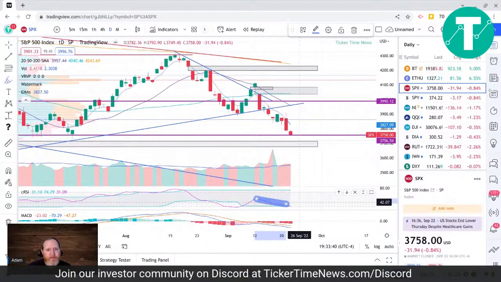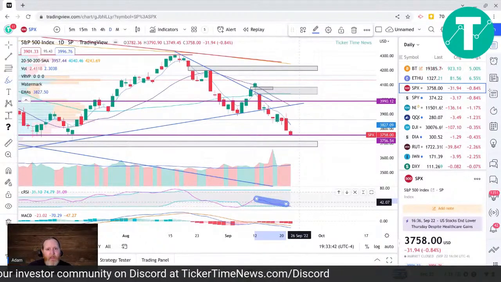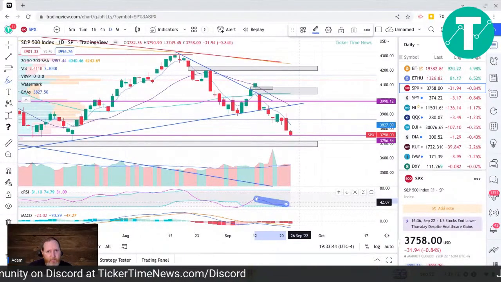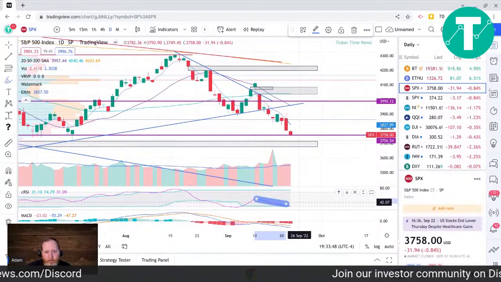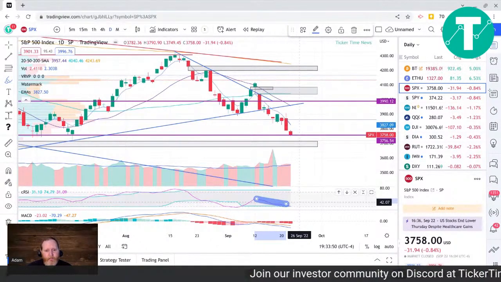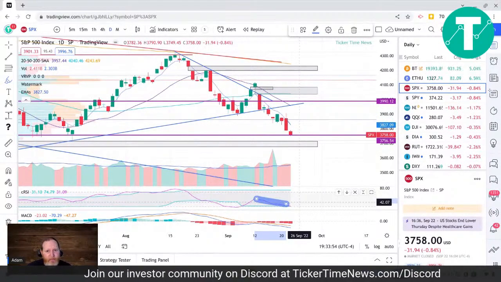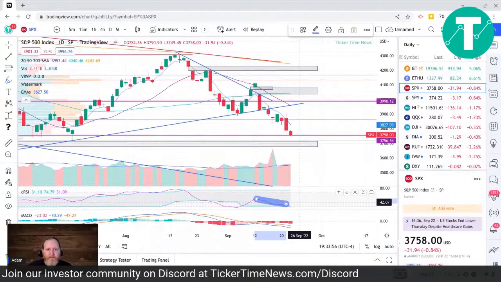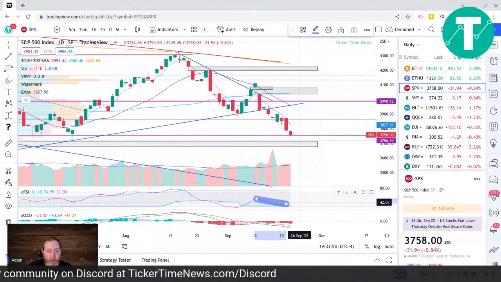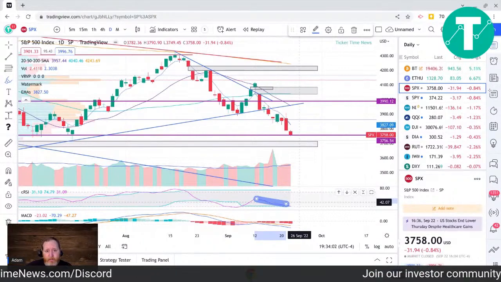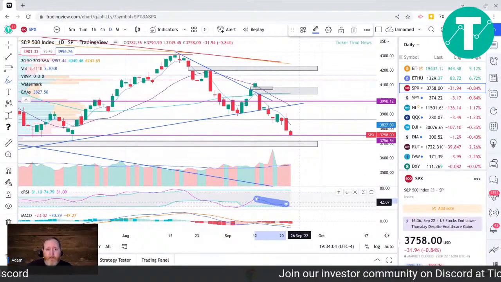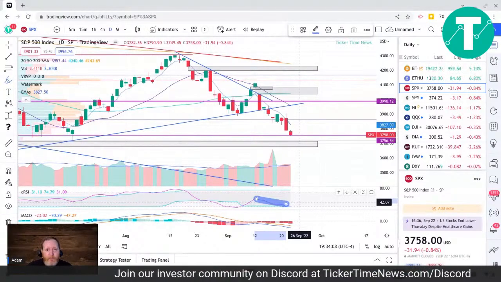If those two things were to happen, we could see a bounce. Now, I am still under the impression here, my thesis, my hypothesis, that we will see a bounce relatively soon. It could happen tomorrow, or it could happen on Monday or Tuesday of next week. But we are loading up for a bounce, without doubt.